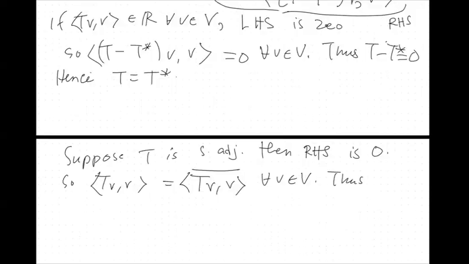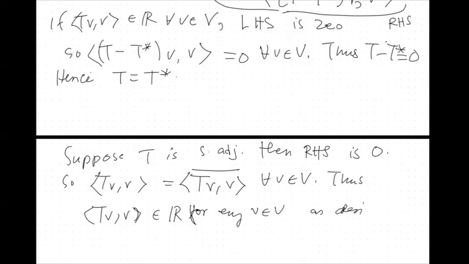Thus, your TV, V is an element of R for every V in V as desired.